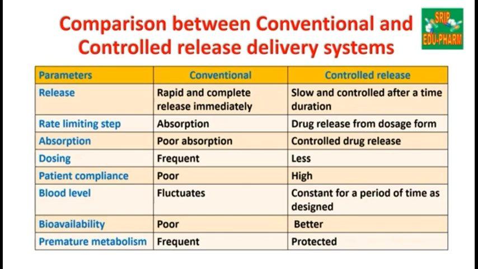Next we see the materials used as retardants in matrix tablet formulation, the matrix characteristics and the materials used. The first matrix characteristic is hydrophobic carriers. The first is the insoluble or inert matrix, and the example materials are polyethylene, polyvinyl acetate, polyvinyl chloride and ethyl cellulose.